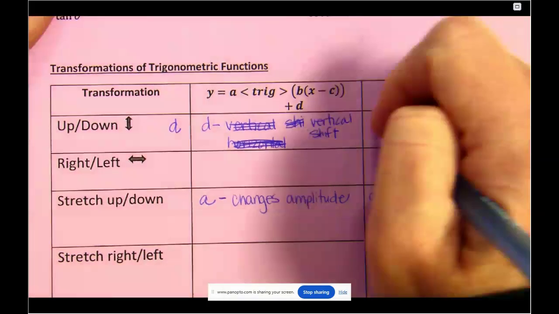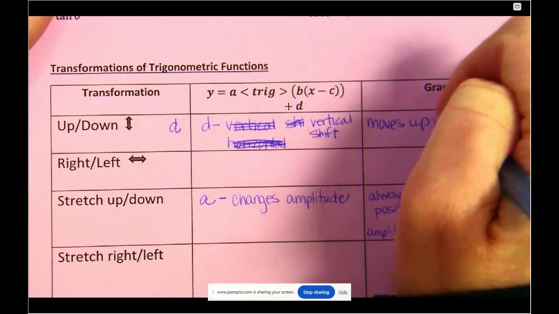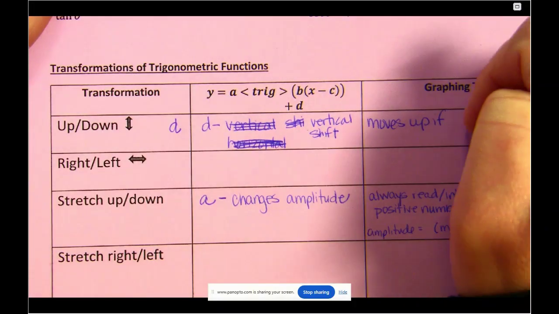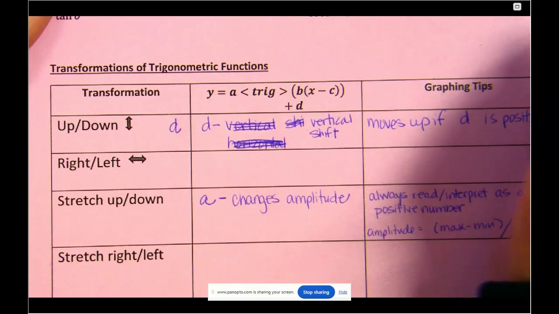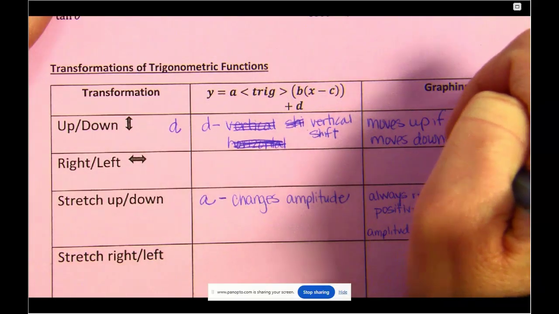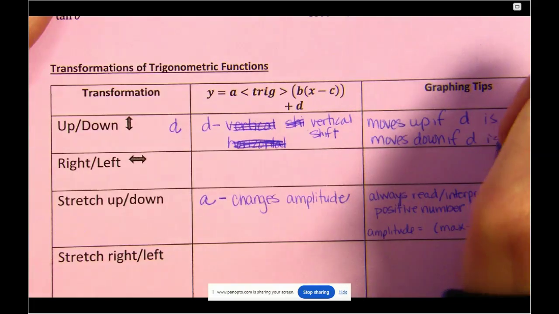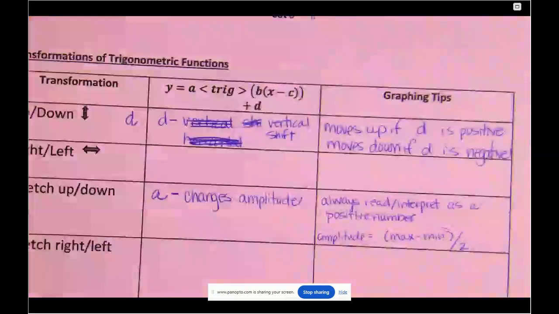Okay. So this moves up if D is positive, and it moves down if D is negative. Okay.